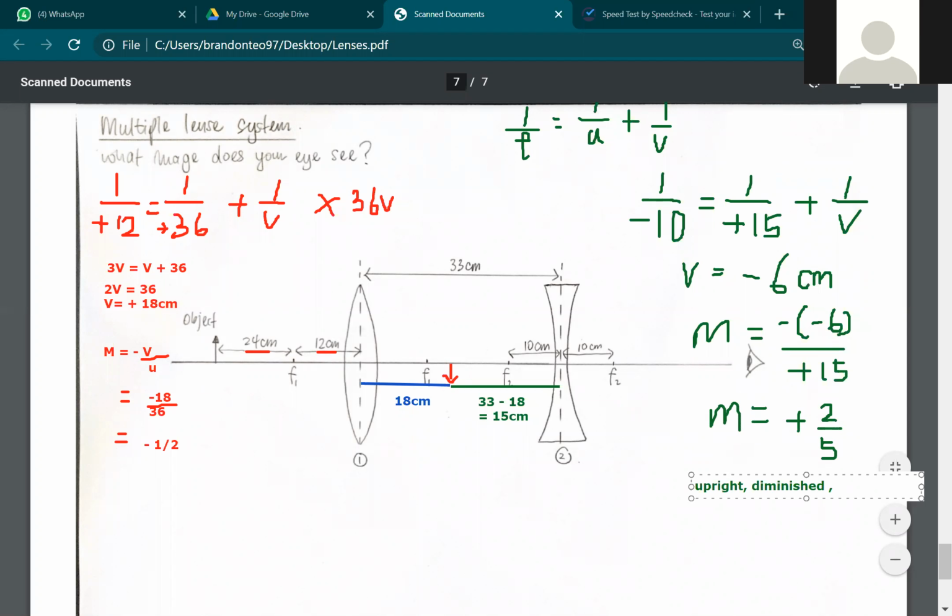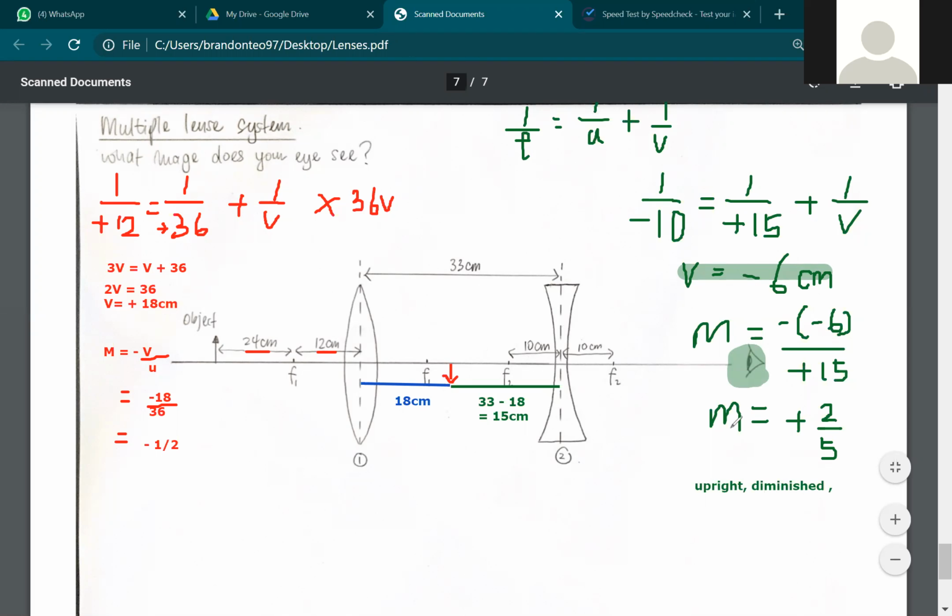And where is the location? Your v is minus 6, so it is on the left side, opposite to your eye. If I draw the image, it is somewhere here.